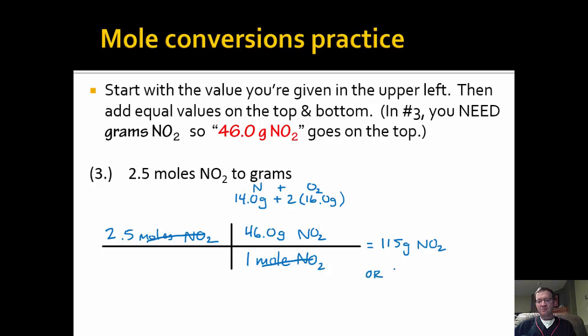So a better answer would be 120 if I rounded that off, 120 grams of NO2. So for now, as we're warming back up to significant figures after some time away, either answer would be okay. Just know that eventually I'm going to work you back toward focusing very intently on using significant figures. So 2.5 moles times 46 grams per 1 mole gives us 115 grams of NO2.